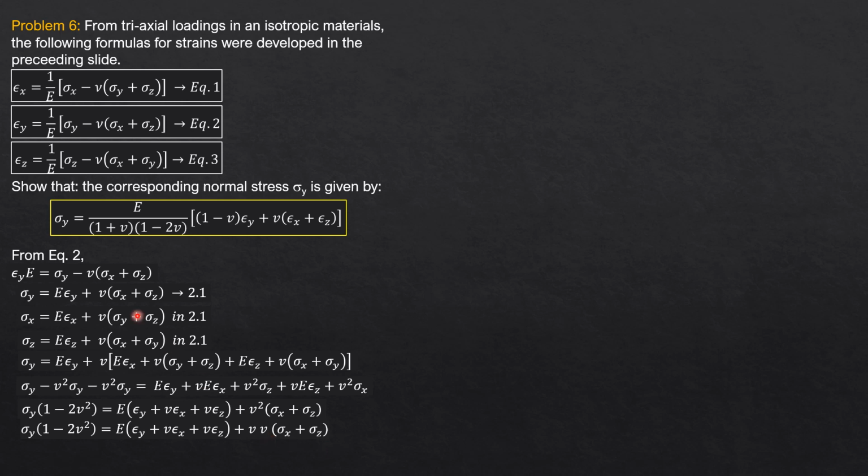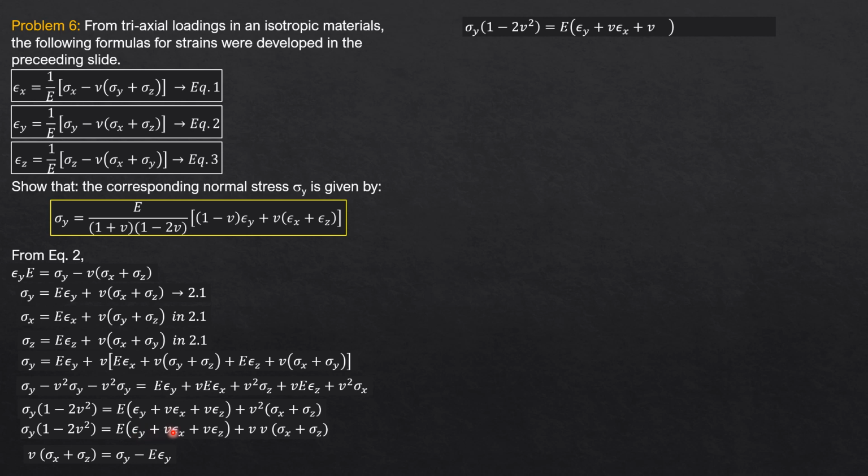And we substitute the value of Poisson's ratio quantity sigma x plus sigma z from this equation here as sigma y minus E times strain y. Then let's substitute the value of this expression, sigma y minus E times strain y, into this equation.